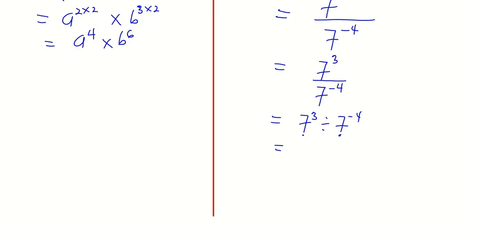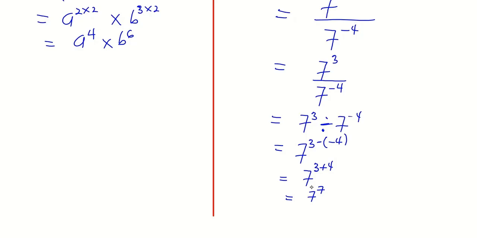So with that, we can see 7 exponent 9 minus 4. And at the end, we are getting 7 exponent 5, and so this becomes our solution.